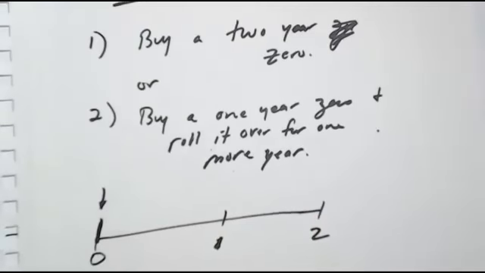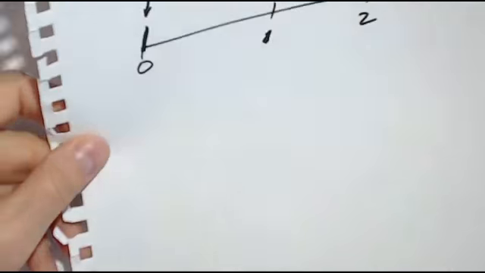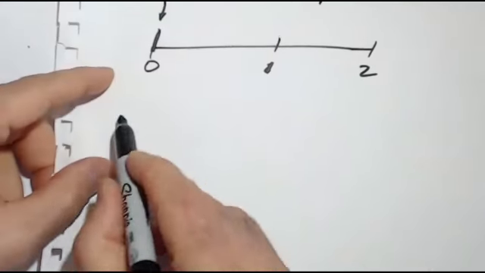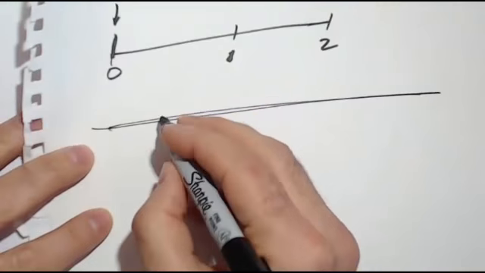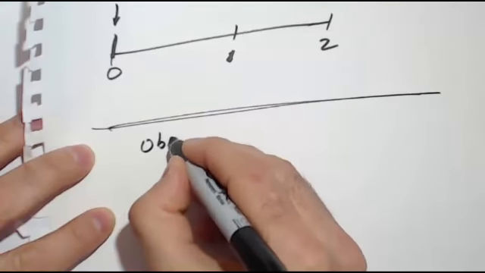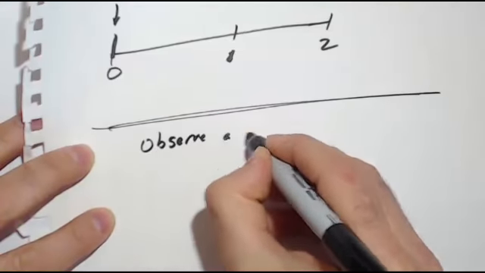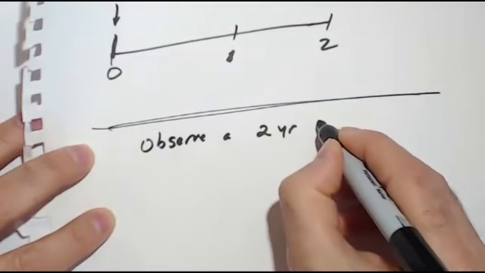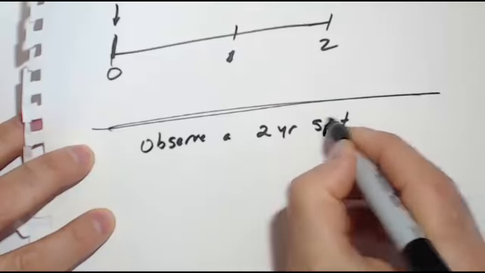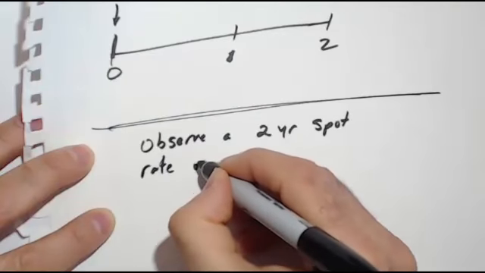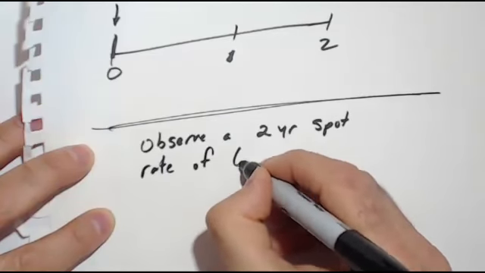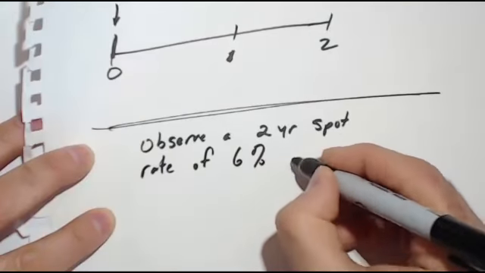Okay, so let's do an example and then I'll start a new spot rate. So you observe a 2-year spot rate of 6%, right?